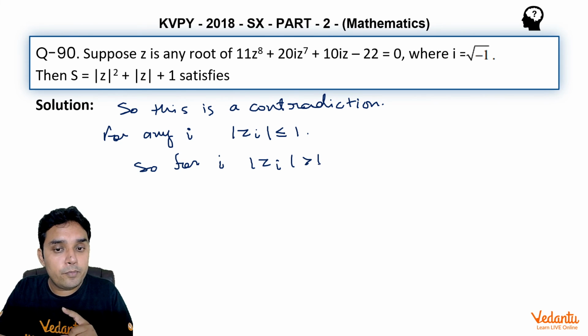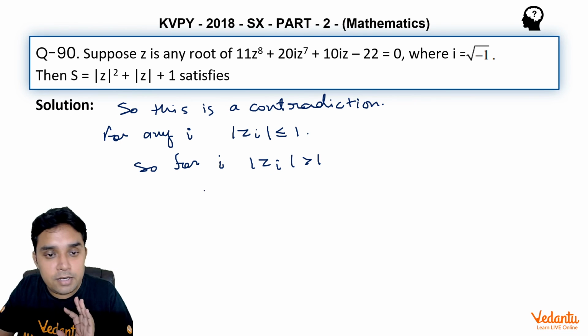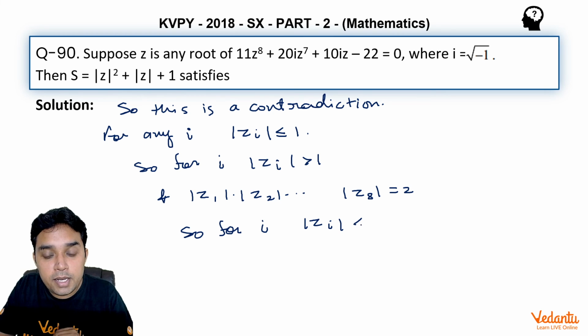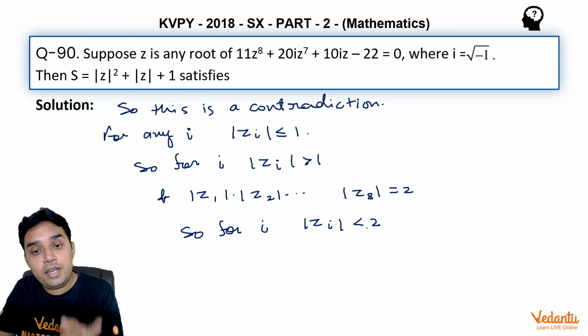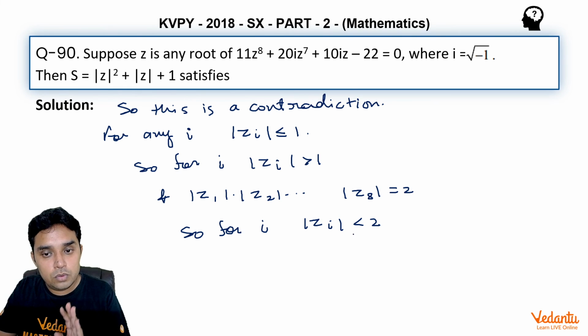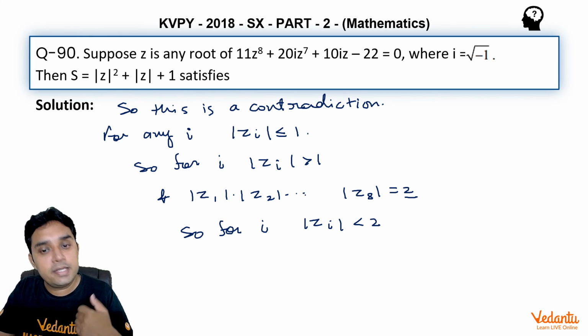Also, if all |zi| are greater than 1 and we have |z1| into |z2| and so on up to |z8| equal to 2, then for all i, |zi| has to be less than 2 also, because even if one of the |zi| is equal to 2 or greater than 2, this product cannot be equal to 2, since all other zi's have to be greater than 1.